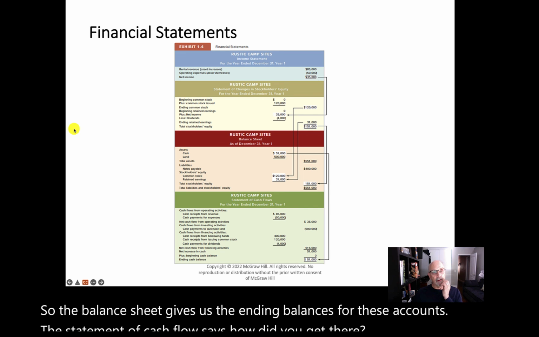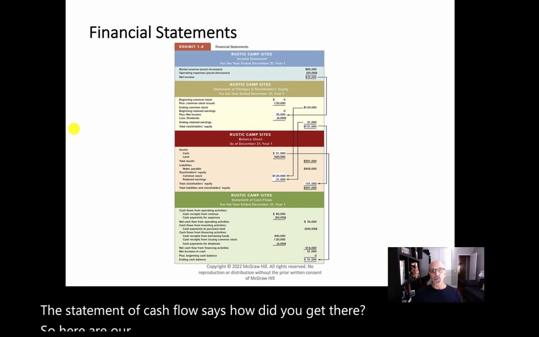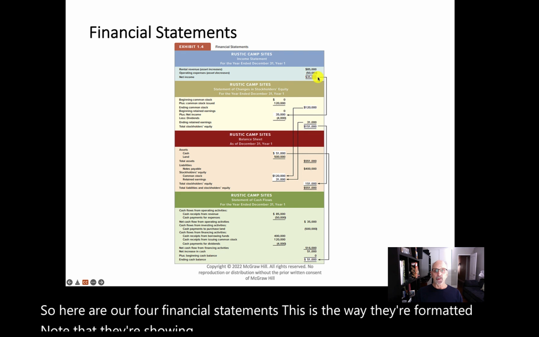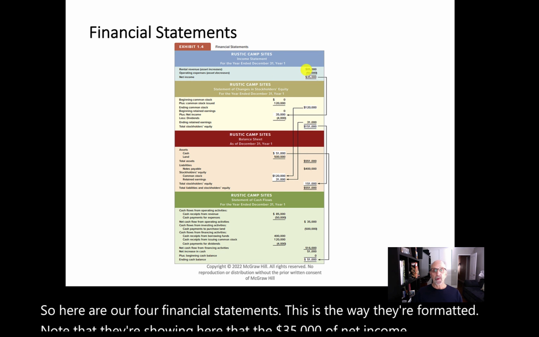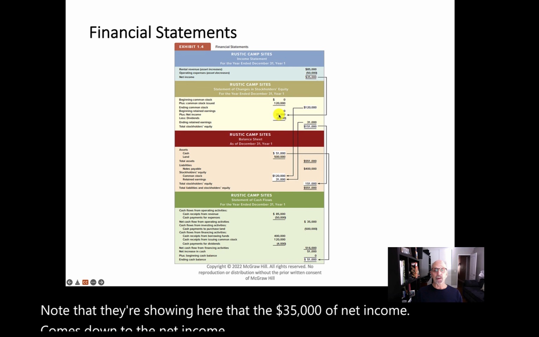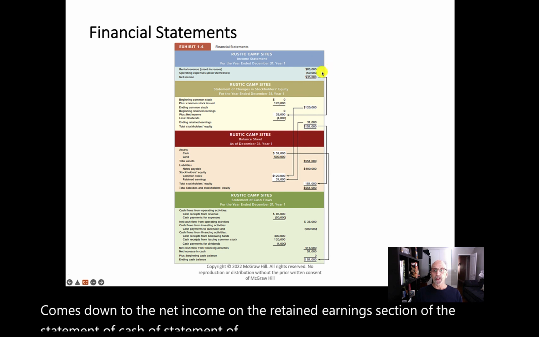So here are our four financial statements. This is the way they're formatted. Note that they're showing here that the $35,000 of net income comes down to the net income on the retained earnings section of the statement of stockholders' equity. That's why we do the income statement first.